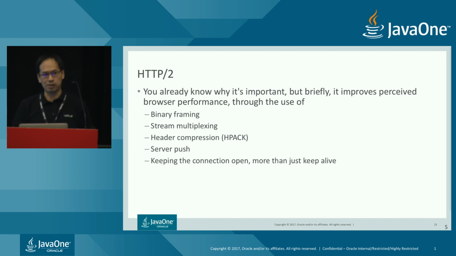But there is a requirement: the responses need to come in the same order as the requests. So it must be response 1, response 2, and response 3. Now, there is a problem. What happens when it takes a long time to compute response 1? In this case, response 2 and response 3 need to wait until response 1 is finished. That is called the head of line blocking problem.